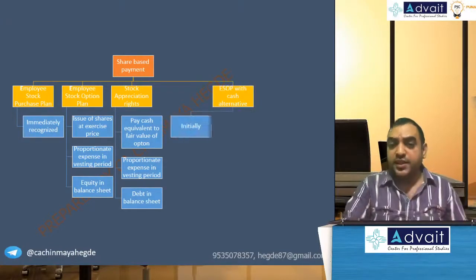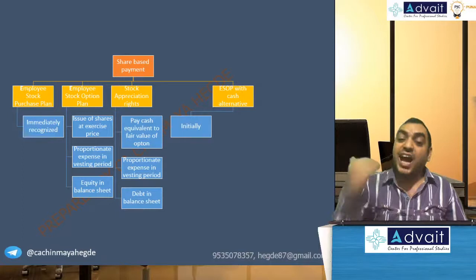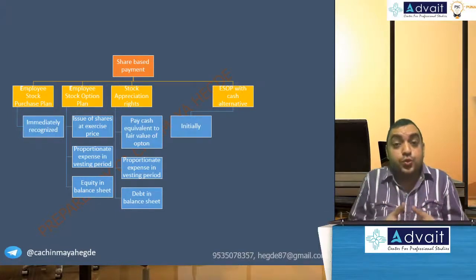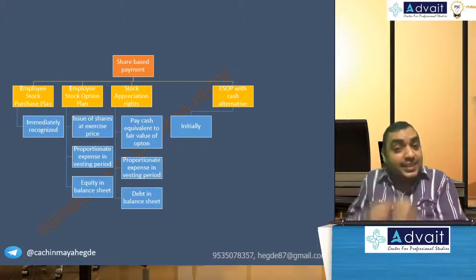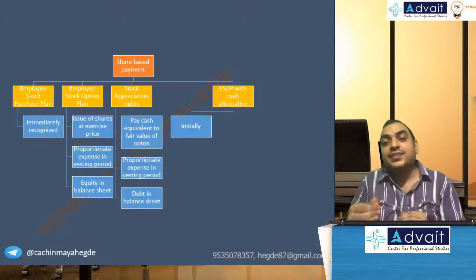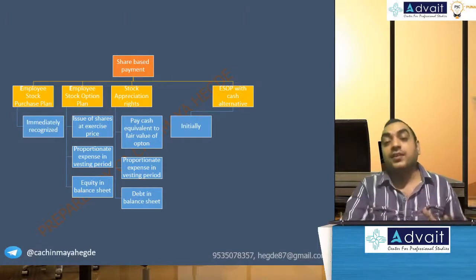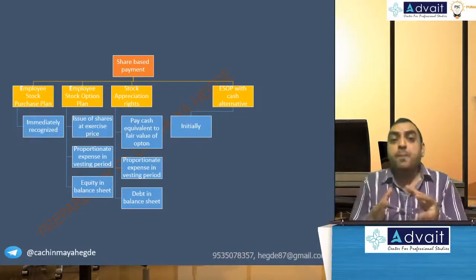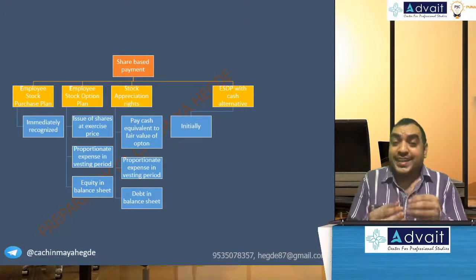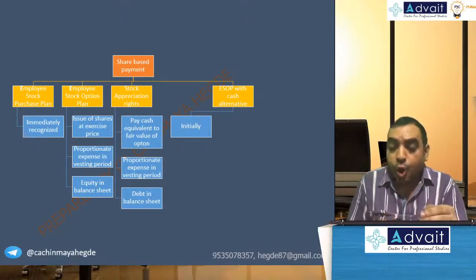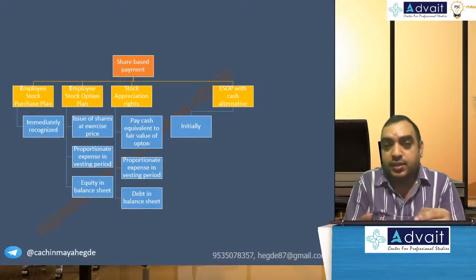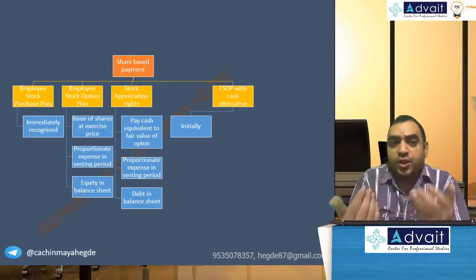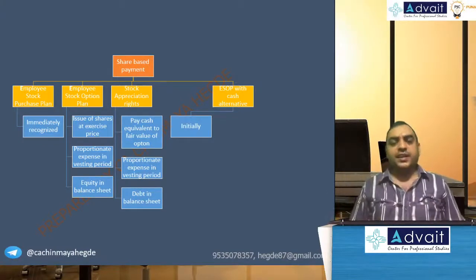Then the third method is ESOP with cash alternative, where the employee can choose either to receive the money in cash or settle by way of shares. So this is a typical situation of a compound instrument because it can be settled in equity or in debt, at the option of either the employer or employee, which may be decided at a later stage.